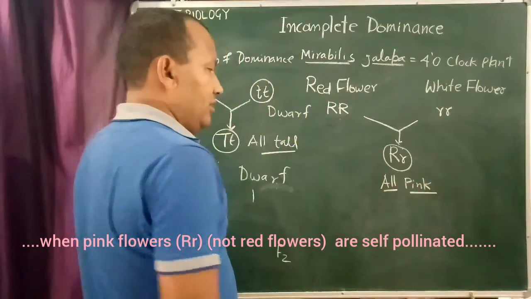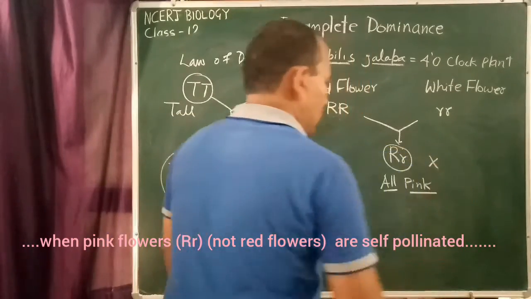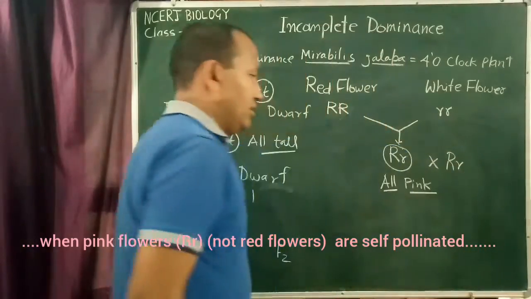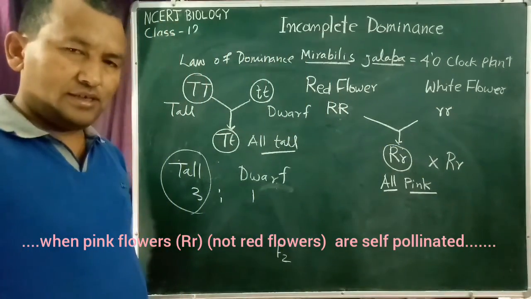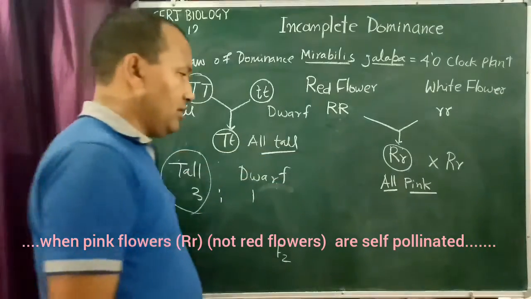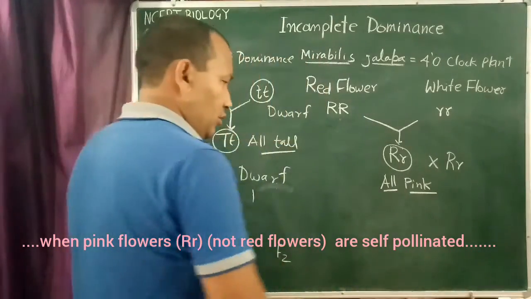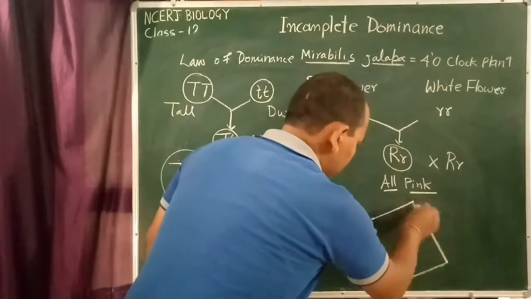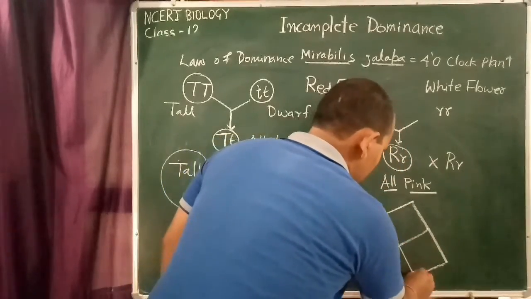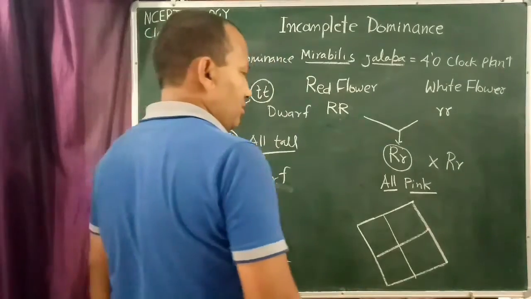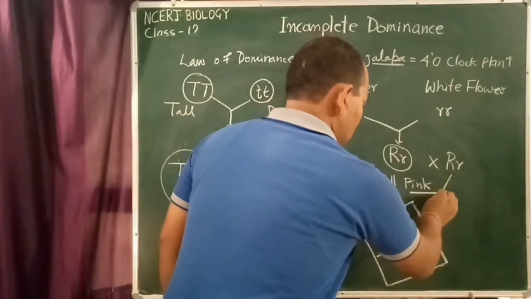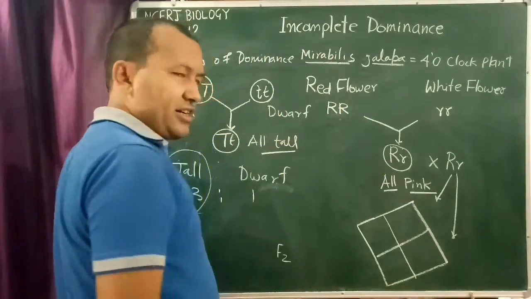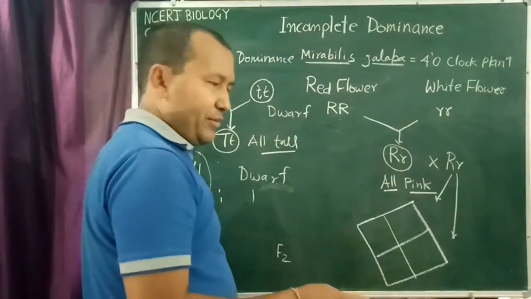Now when these pink flowers are self-pollinated, let us understand through this Punnett square. When gametogenesis takes place, gamete formation takes place, these alleles are transferred to different gametes.